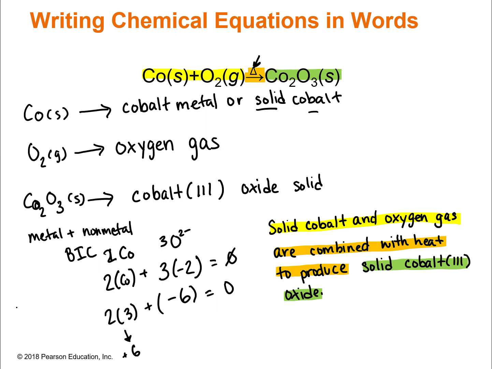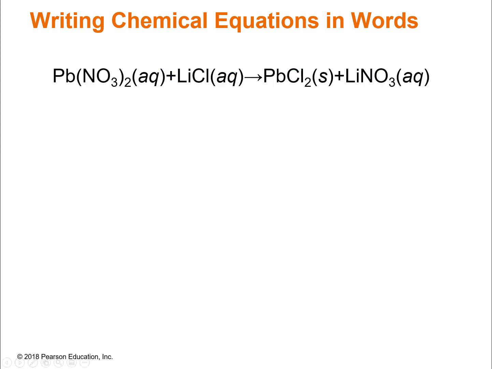How do we feel about this, writing chemical equations in words? We ready to try one? So I'm going to give you one that's a little bit more complicated, but you can name every one of these compounds.